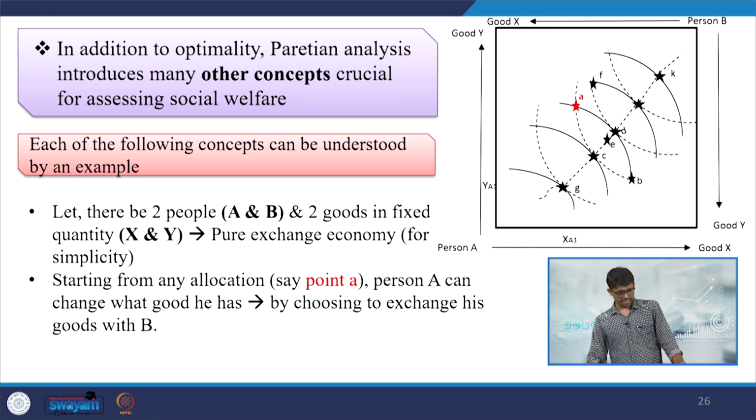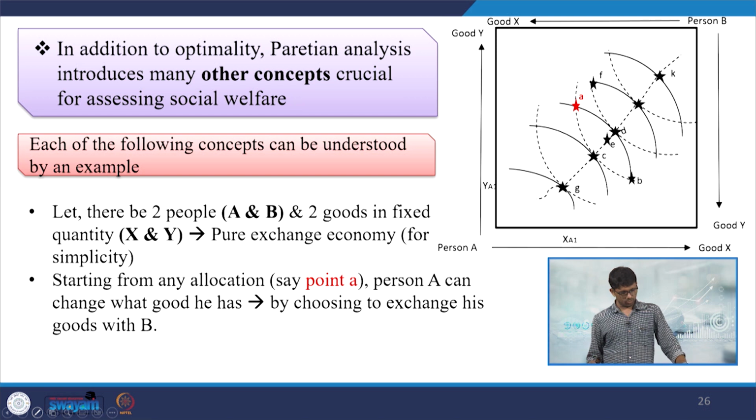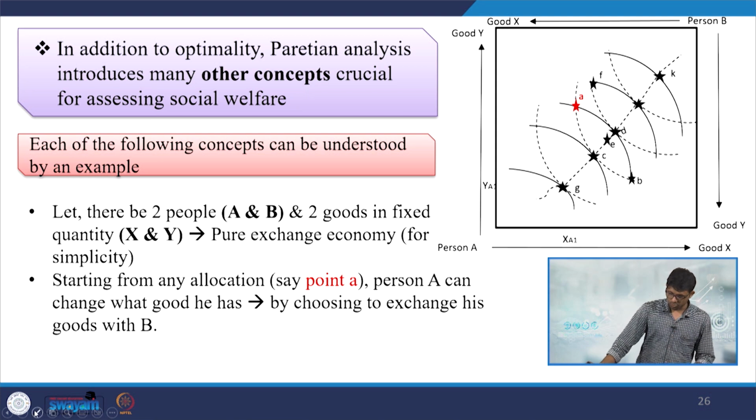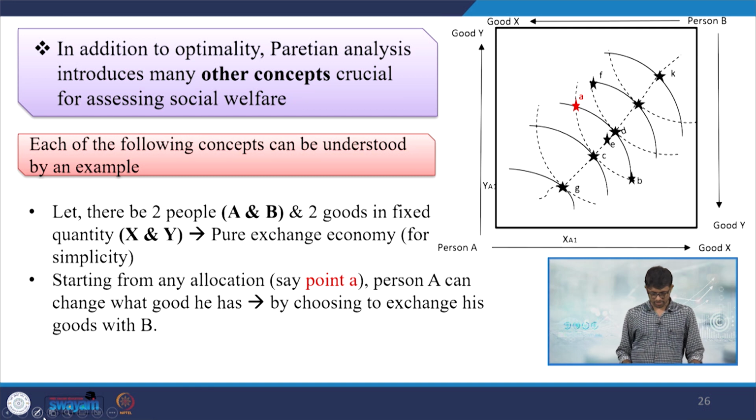There will be a pure exchange economy based explanation in this diagram to highlight the Pareto optimality function. If you look at point A, that is the allocation, person A can change what good he has by choosing to exchange his goods with B, and point A is highlighted over here. I am not marking it, so it is highlighted in red color.